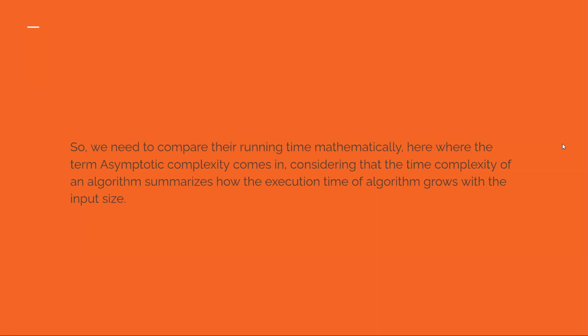So we need to compare their running time mathematically, and here is where the term asymptotic complexity comes in. The time complexity of an algorithm summarizes how the execution time of the algorithm grows with the input size.